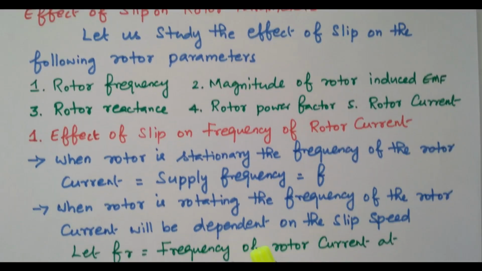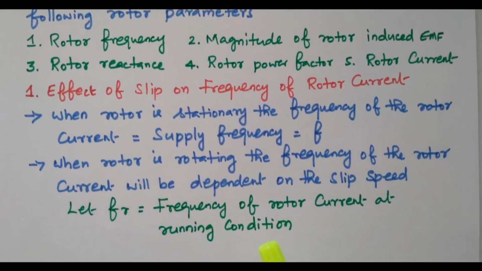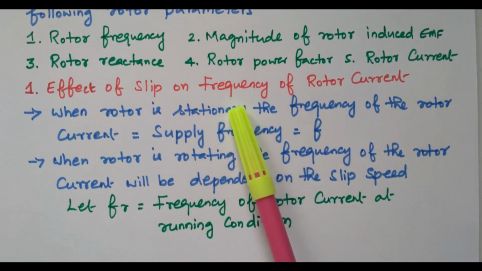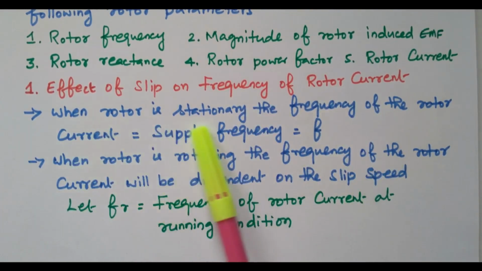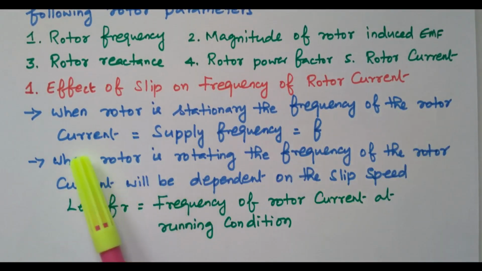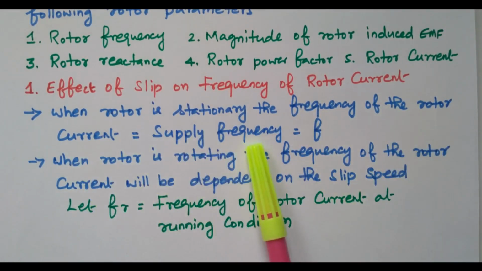First we will see the effect of slip on the frequency of the rotor current. When the rotor is stationary, the frequency of the rotor current equals the supply frequency. Both are equal.